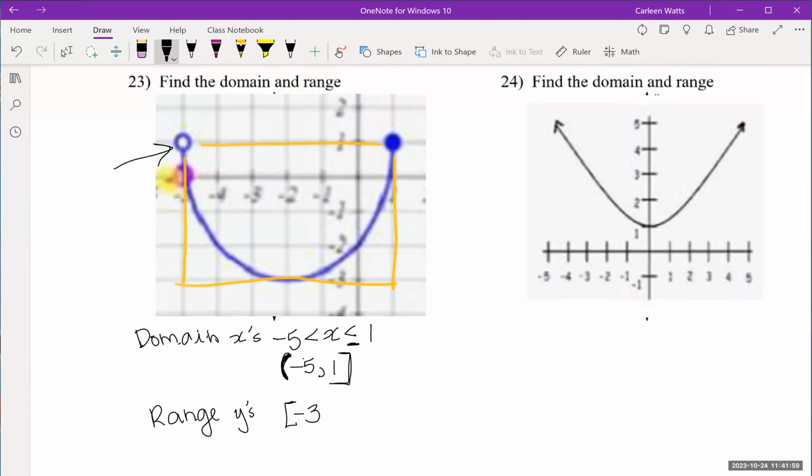Do you see where I got the -3? Yeah, because right now I'm doing the y's. And it's actually touching the -3 to +1.